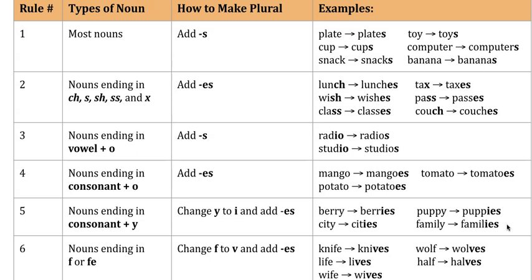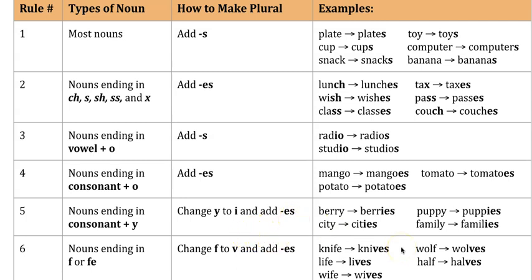Rule number 6. When the noun ends in an F or FE, for example, knife, life, wife, you need to change this to a V and then ES.